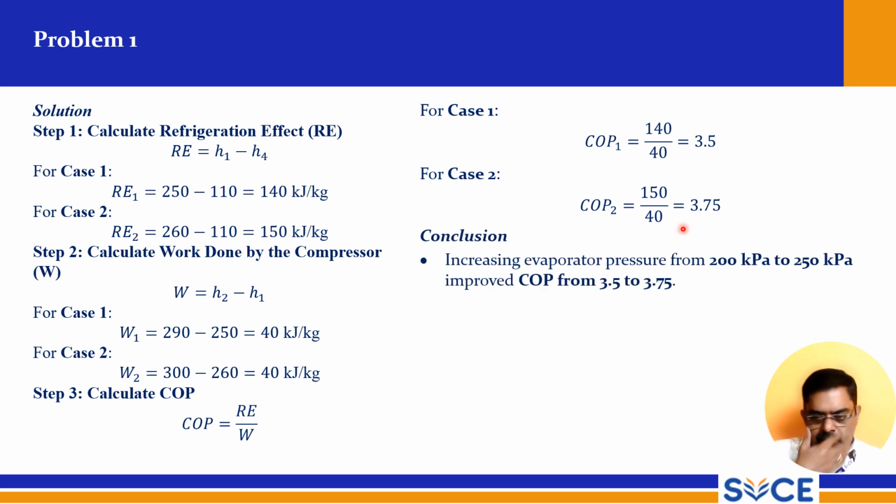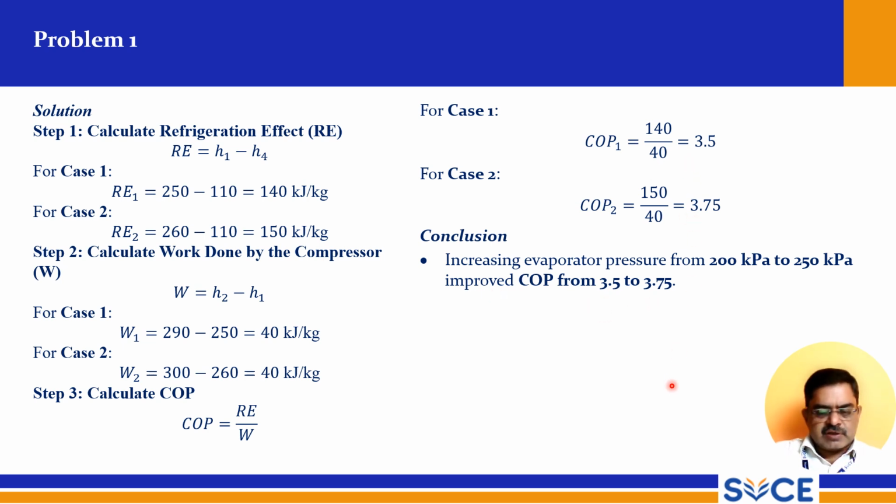Now we can conclude like this. With COP1 and COP2, increasing evaporator pressure from 200 kPa to 250 kPa, the COP is also improved, from 3.5 to 3.75.